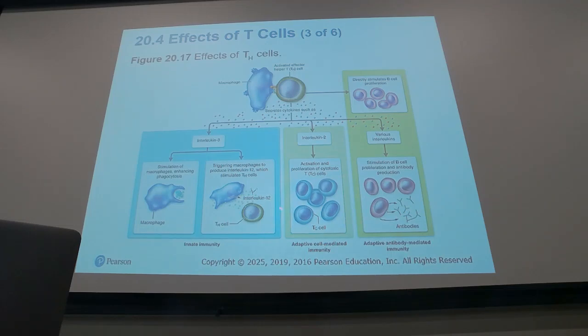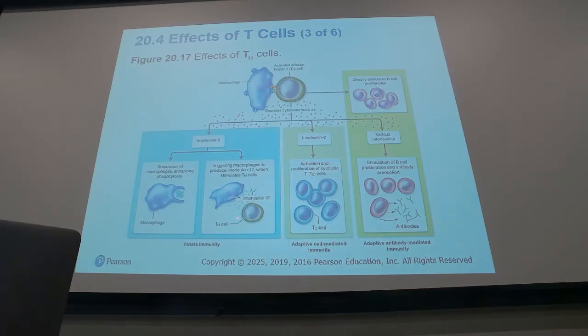Or you can activate the T cells to make more T cells, because maybe instead of someone being in contact with few bacteria, let's say 100 bacteria, that person gets in contact with a million bacteria. In that case, you need more effector T cells to kill more bacteria. Or you can activate macrophages because you already fight this infection, and then you need to pick up more of these pieces of dead bacteria.